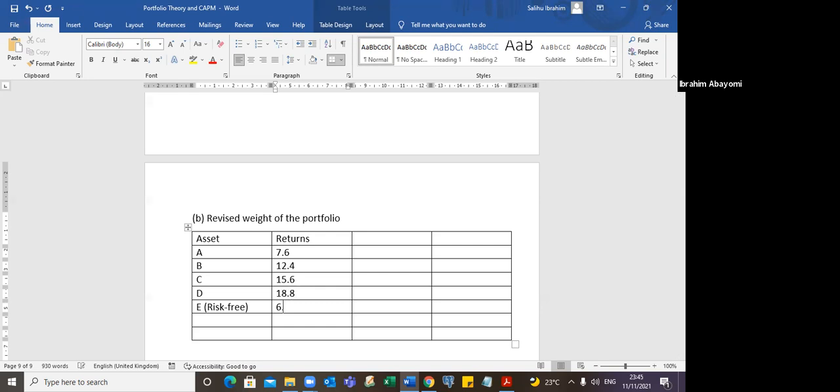And this one should be 6.0%. That's the risk-free.